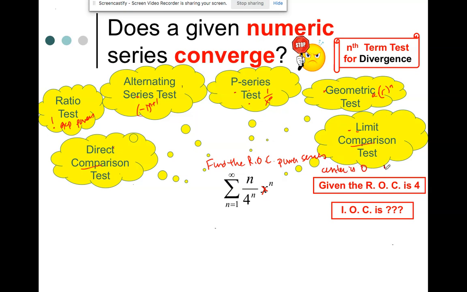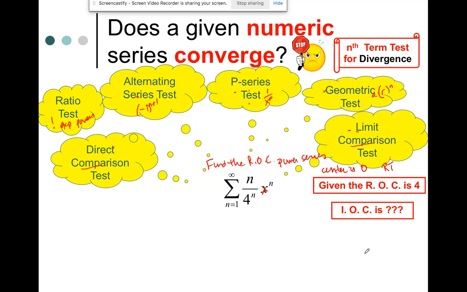I did the ratio test, the kind of morphed ratio test for the power series, where I did my n plus 1 multiplied by the reciprocal, canceled, enabled me to move the x to the outside, and I did my inequality work, and I found that the radius of convergence is 4.